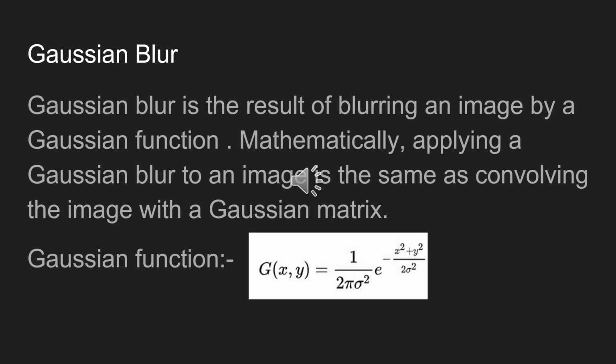Gaussian blurring is a technique to blur the image. The transformation function given at the bottom of the slide, g of x, y, can be applied to the image values so as to get the new Gaussian image that has been blurred.